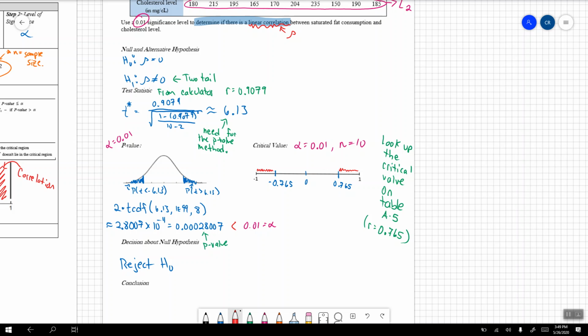So what value then do we observe? Well, the value that we observe, in this case, this value here was our test statistic. The critical values were the values that we found from the table A5. So the value that I'm looking at for us is this value here, 0.9079.